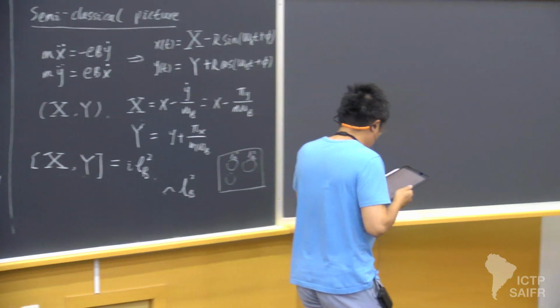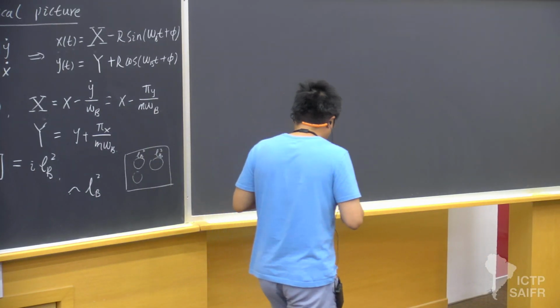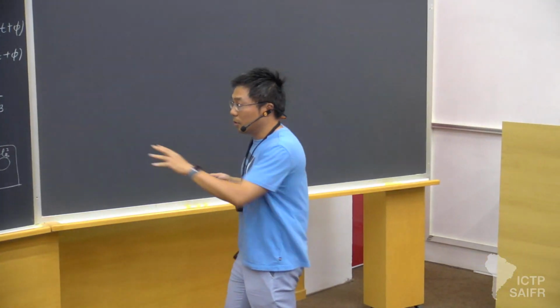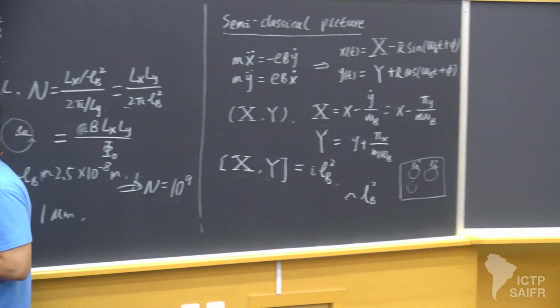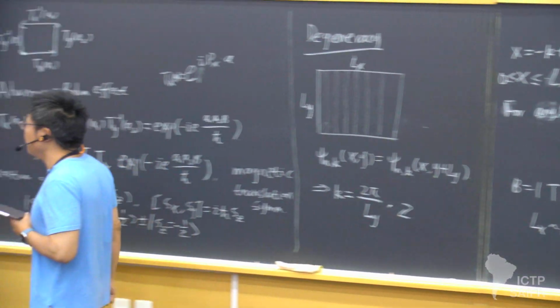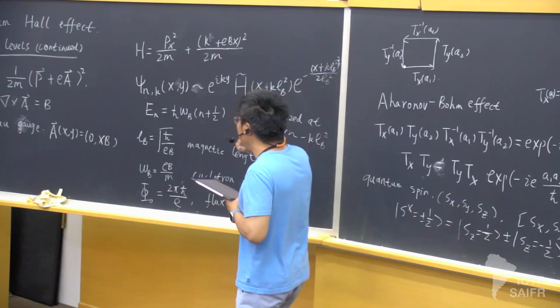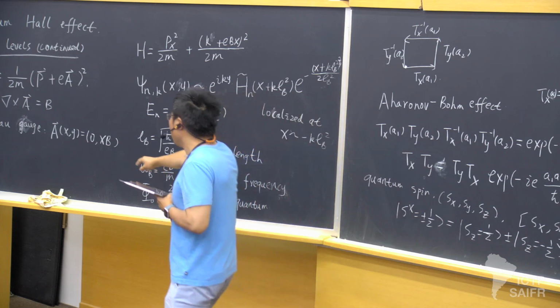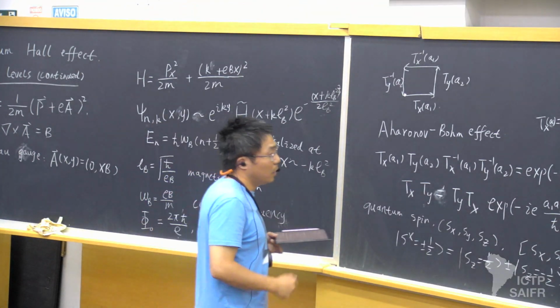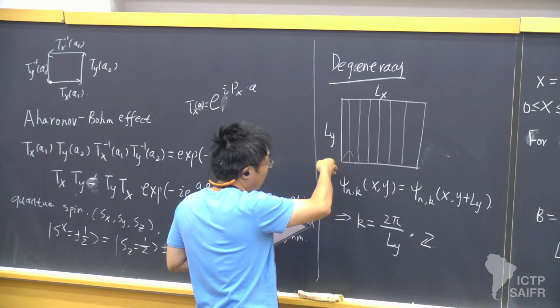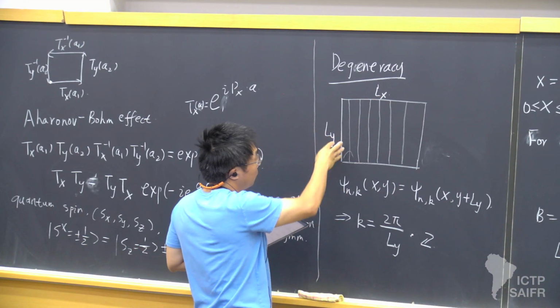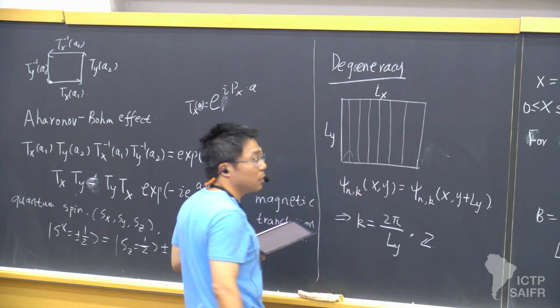All right, so in the rest of this lecture, so far what I did is to solve Landau levels in terms of the Landau gauge, right? In the end, I end up with wave functions that have momentum along the y direction, but are localized in the x direction, right?